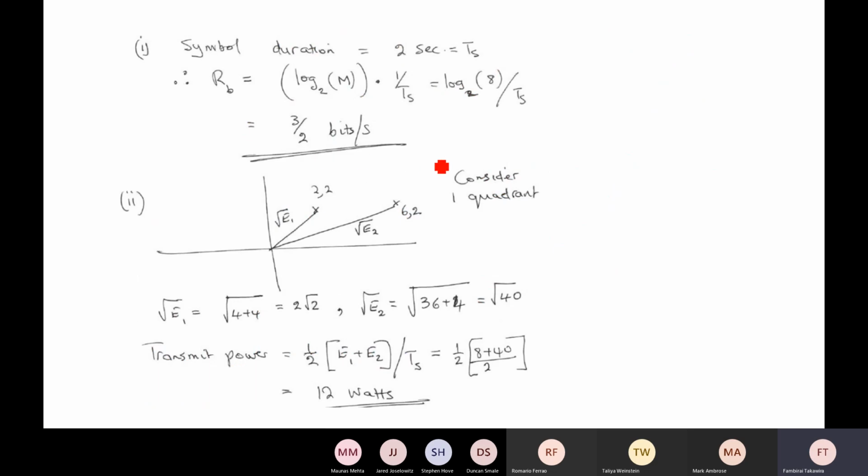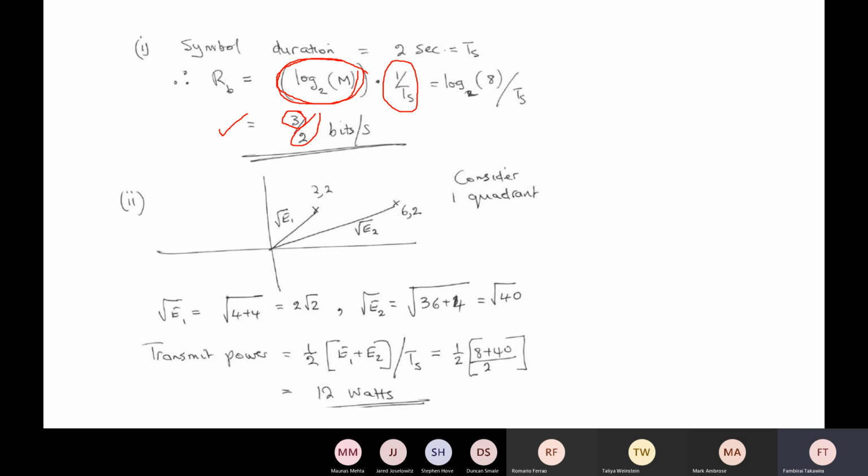But each symbol carries log to the base 2 of M bits. So the bit rate becomes the number of bits per symbol, which is log to the base 2 of 8, multiplied by the symbol rate, which is 1 upon 2. So your net data rate in this case would be 3 upon 2 bits per second.